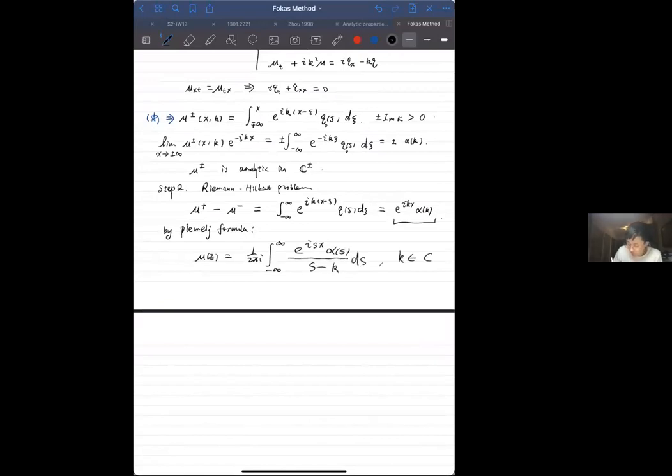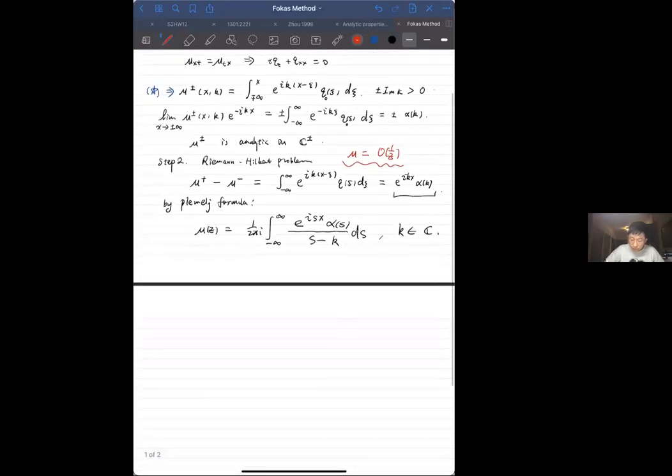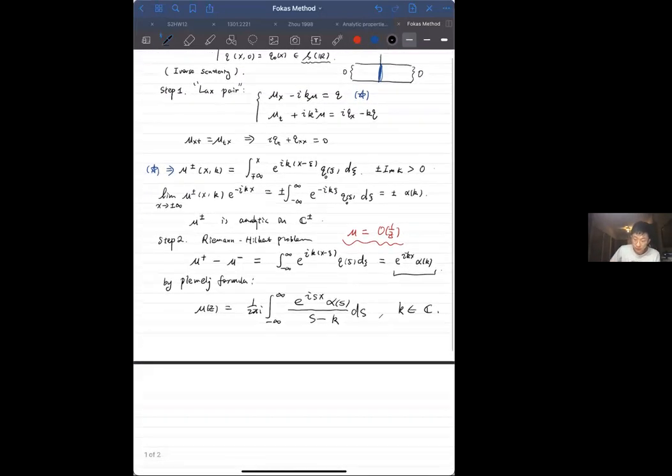So k is a complex number. Here I have implicitly posed a condition that mu is this. So our RHP is normalized by this condition. So you have the RHP. So basically now you have done the direct scattering.